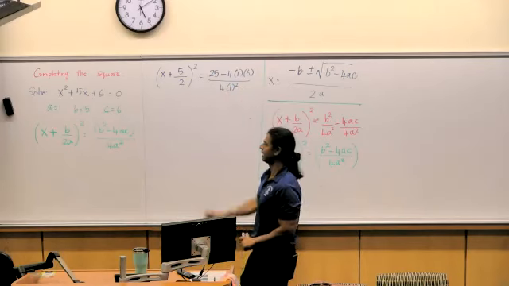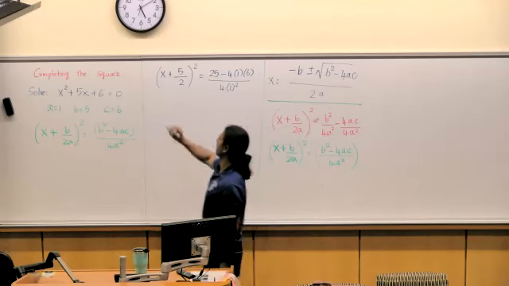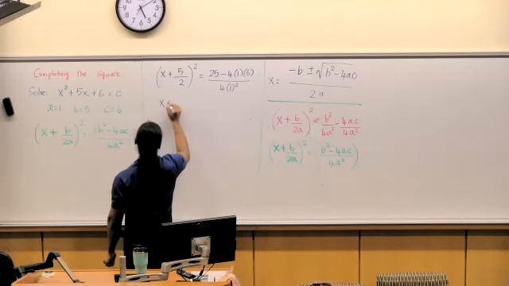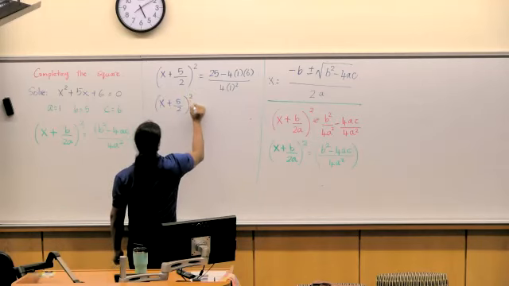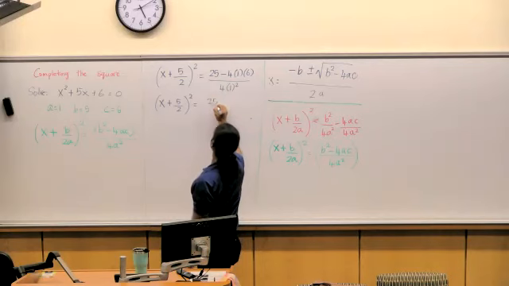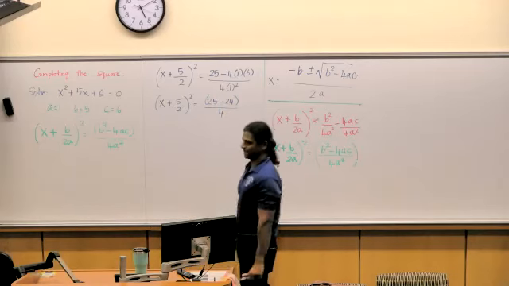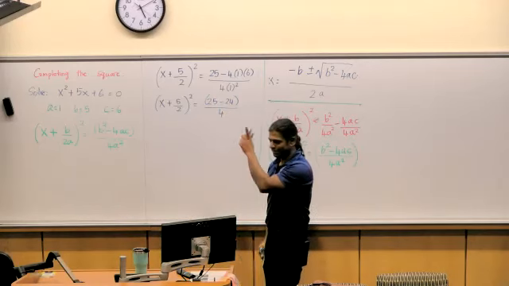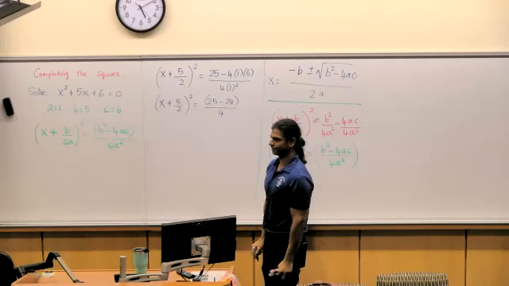Good. I'm just plugging in the numbers. So x plus 5 over 2 squared would equal 25 minus 24 divided by 4. What is 25 minus 24? 1.